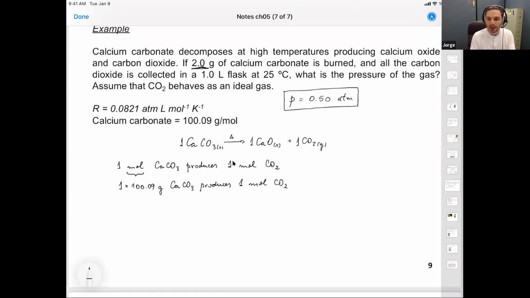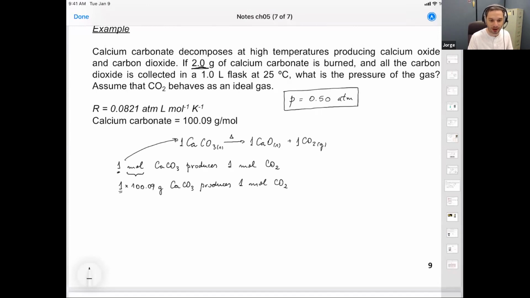Okay, so what I did here was to use the correlation that the molar mass is the mass of 1 mole of the compound and replaced mole by the molar mass. And the number 1 here comes from the stoichiometric coefficient of the equation.